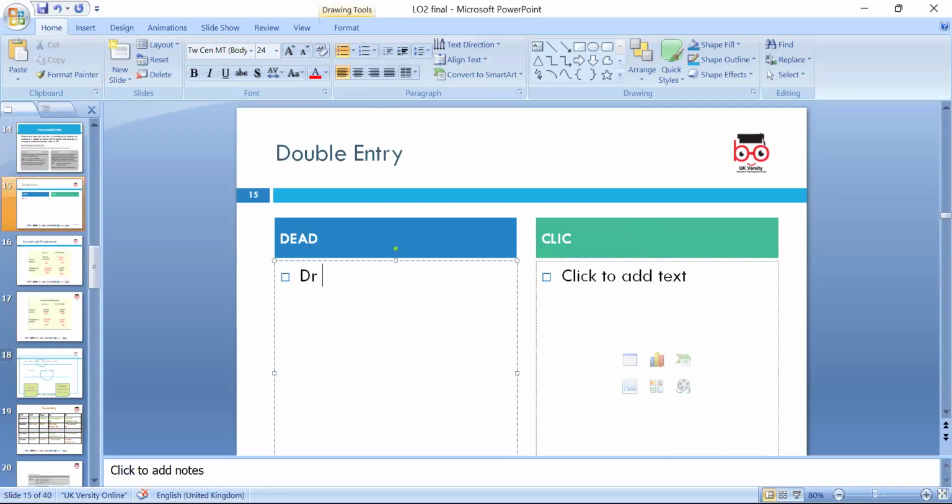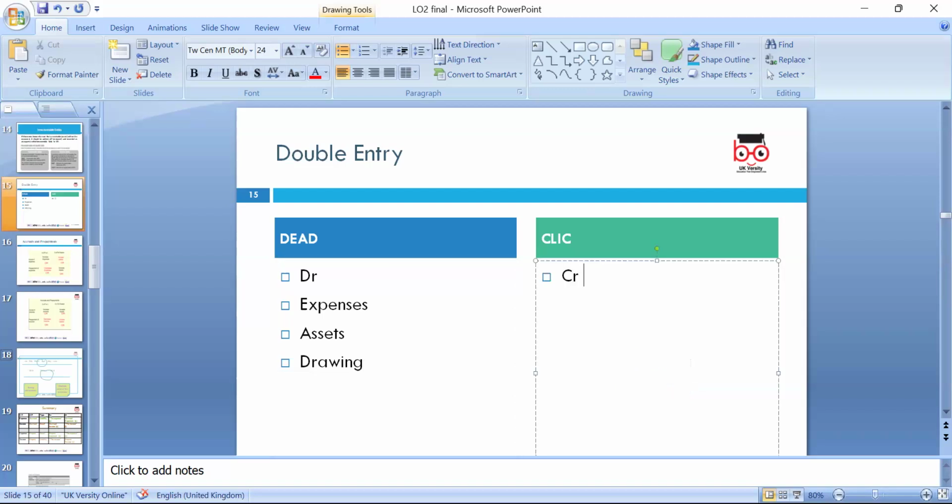D is the debit, expenses, we do debit; A is the assets, we do debit; and I, we do debit. What we do credit: C is the credit, L is the liability, yes, I is the income, and C is the capital.